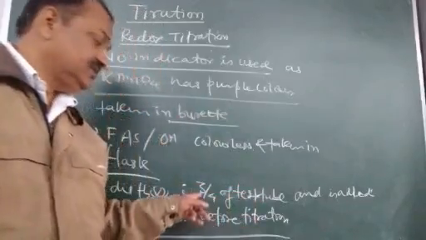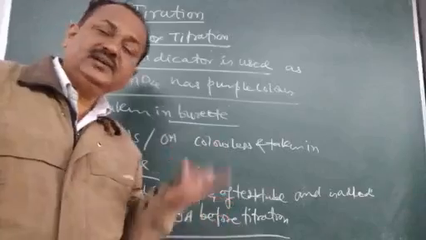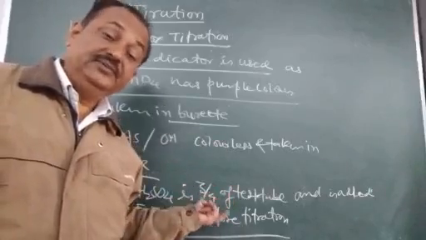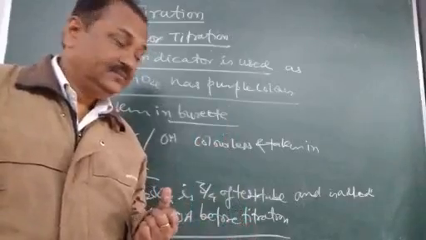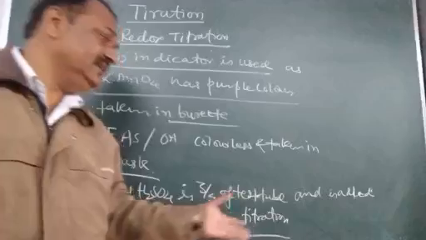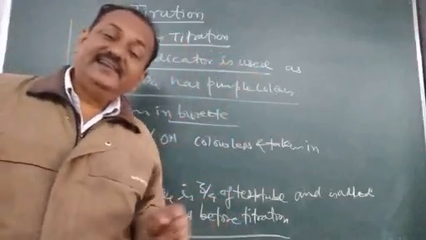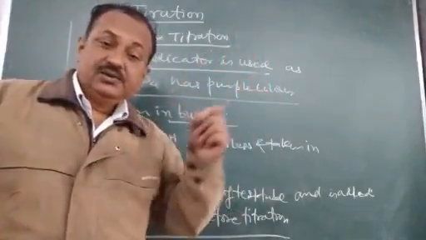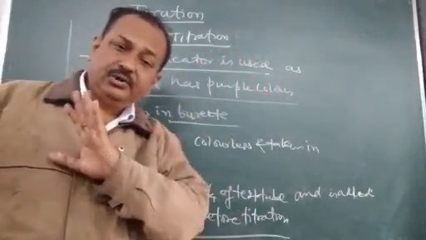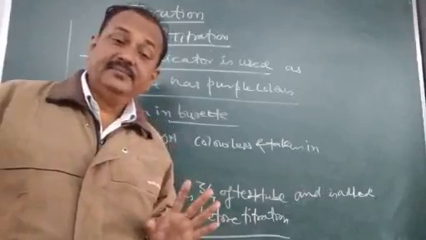Then add 3/4 of a test tube of dilute sulfuric acid because the reaction takes place in acidic medium, and then it is titrated. We add KMnO4 drop by drop with constant stirring. Otherwise, the process remains the same.